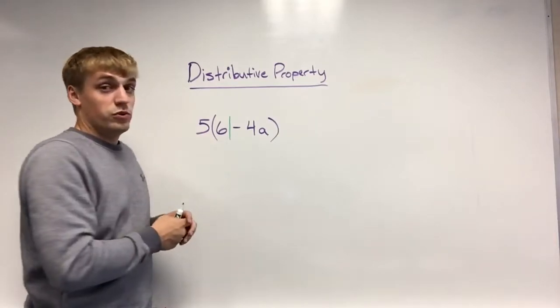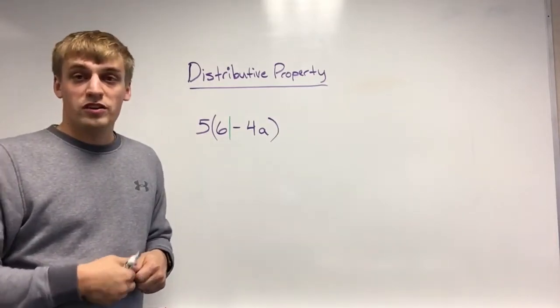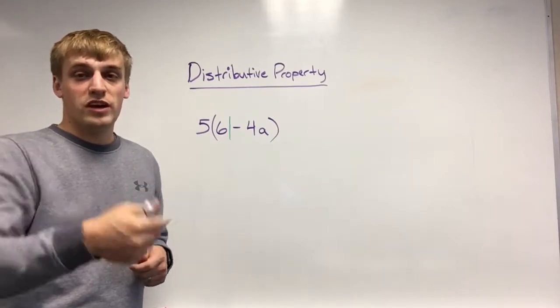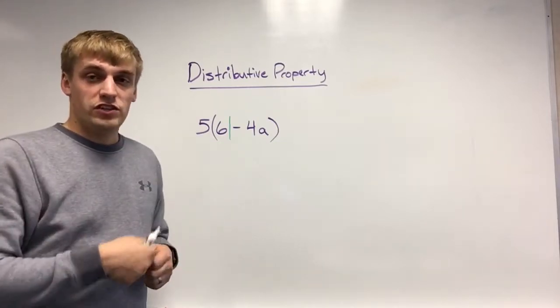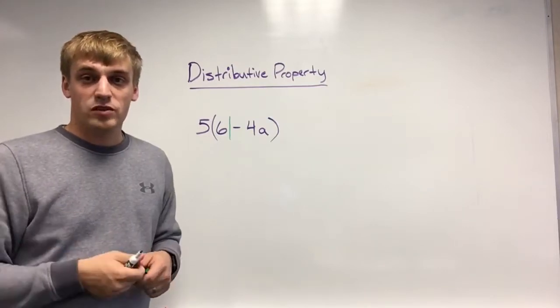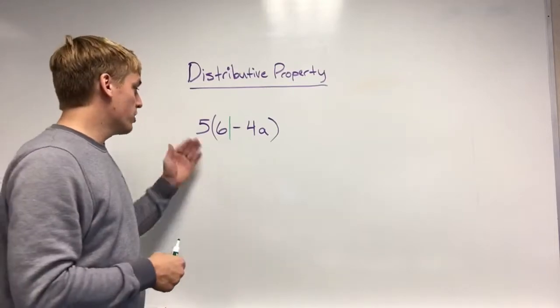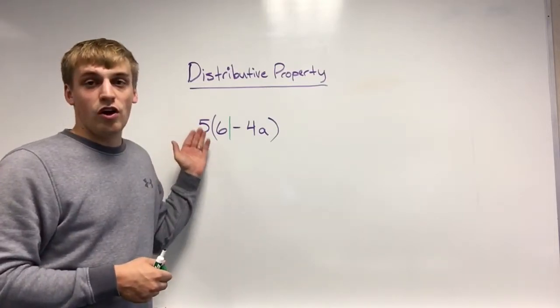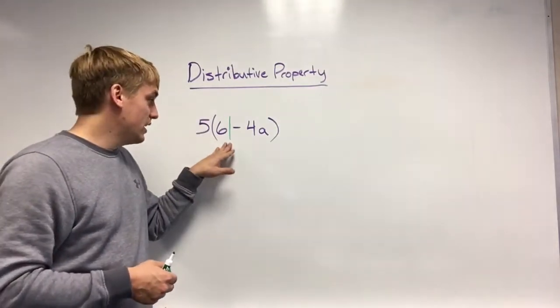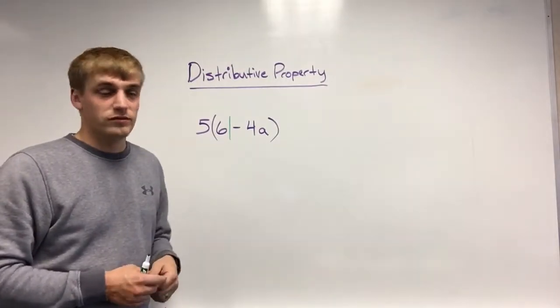So we're going to do what we call distribute, just like the mailman distributes mail. He brings mail to each house, he passes out the mail. Or just like I distribute papers in the class, we're going to distribute the 5 to all of the terms inside the parentheses in this expression.